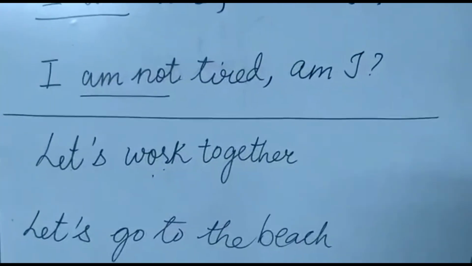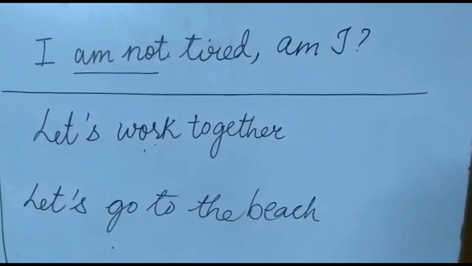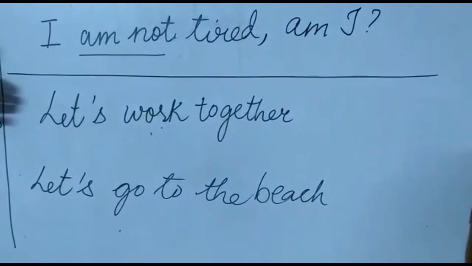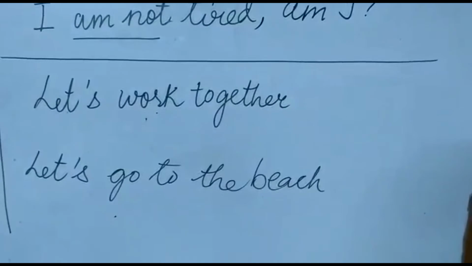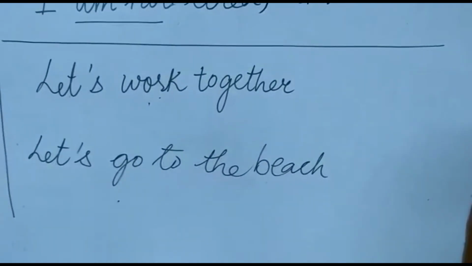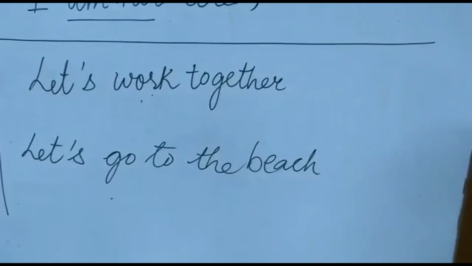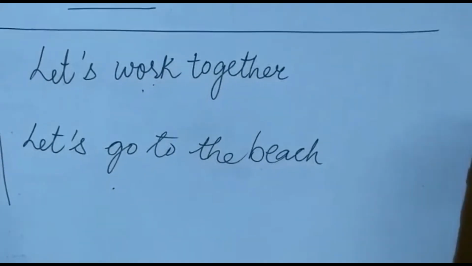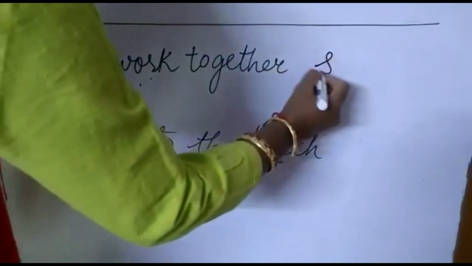Some statements may start with the words "let us," but it's given as "let's." "Let's work together." Every time a sentence is starting with "let us," it should have "shall we" or "shan't we."